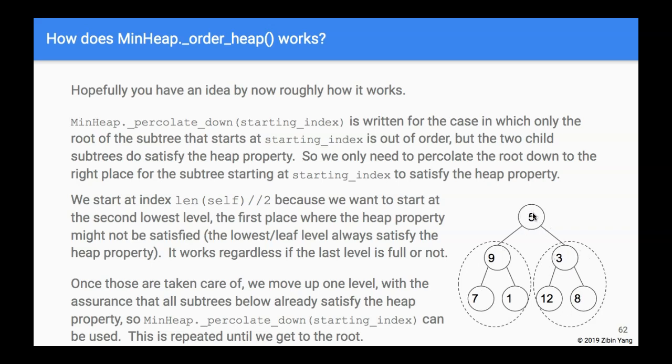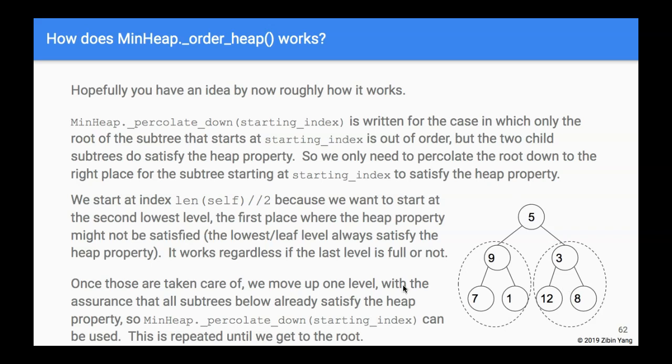So again, we call percolate down on this level, and we just repeat the process, keep going up the tree, until we get to the root. Once we get to the root, we should be confident that the entire min heap satisfies the heap property.